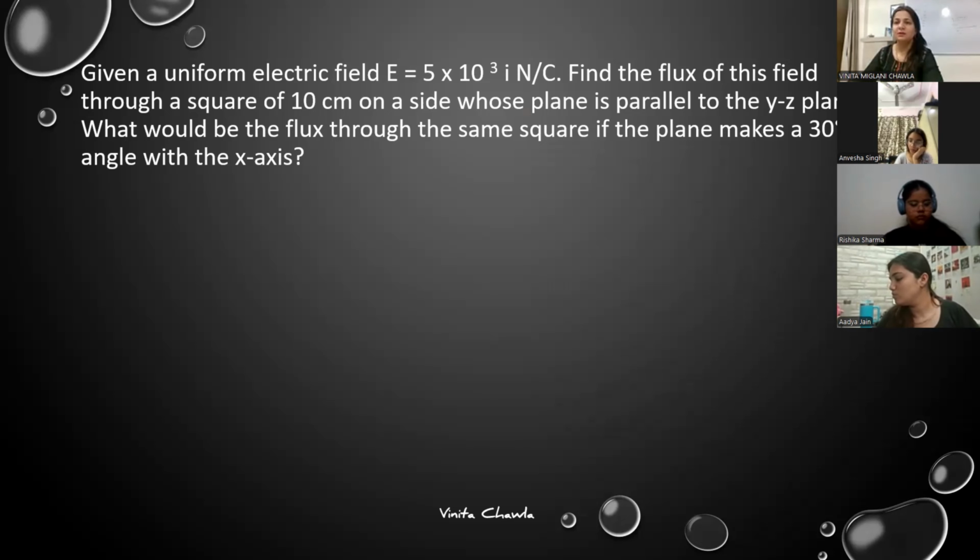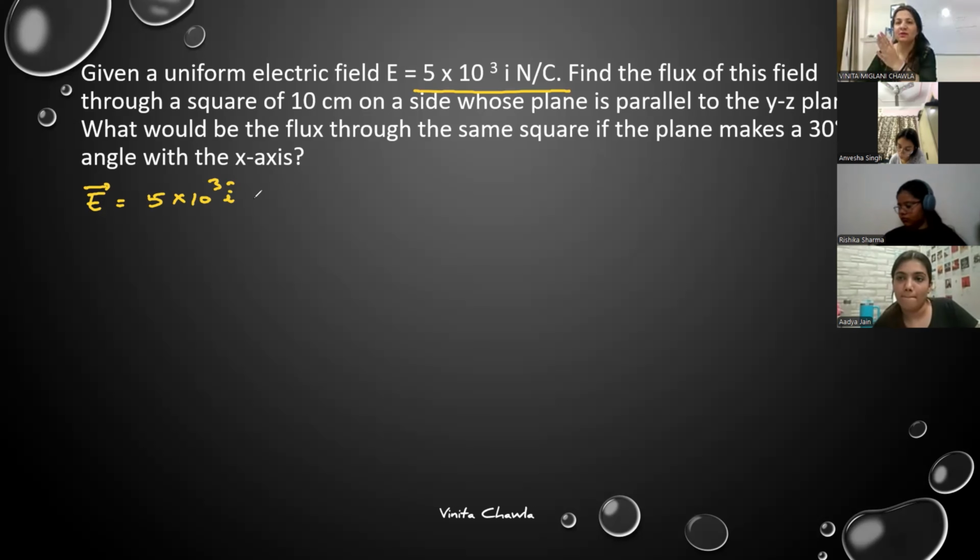Okay, let's read the question first. So given a uniform electric field, so the electric field is given. This is the electric field. So E is given in vector form, right? So 5 into 10 raised to the power 3 I cap means it is pointing towards x axis. So electric field is towards x direction.